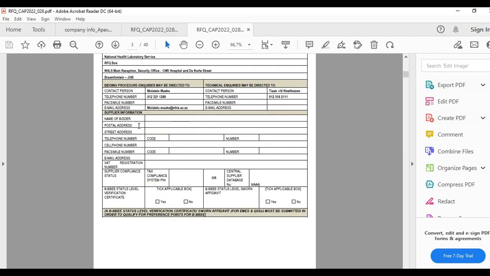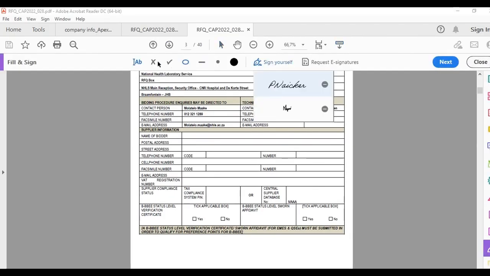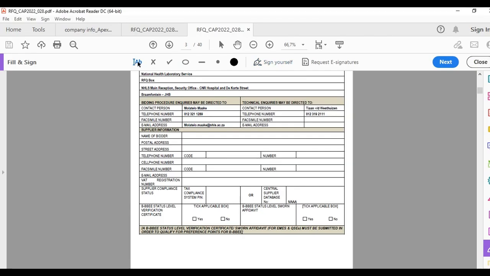Okay, then the part that we would need to fill out says here supplier information. So name of bidder, to fill it out, you can use the pen icon here on PDF and just go to the text, the AB button, and then you can just type in what you need to.